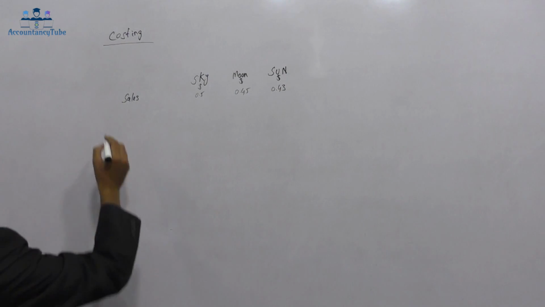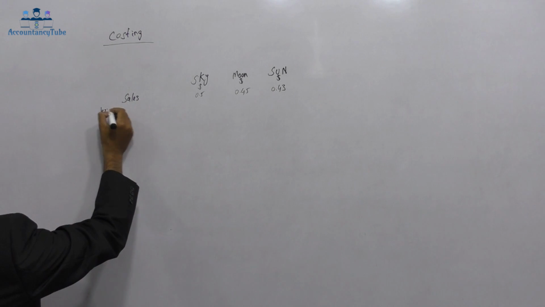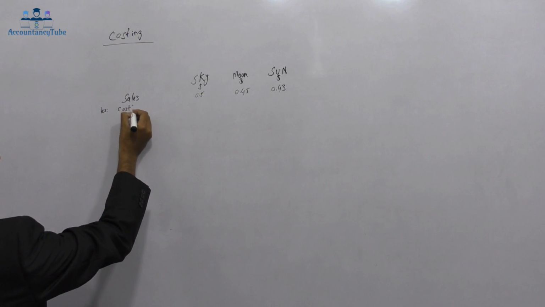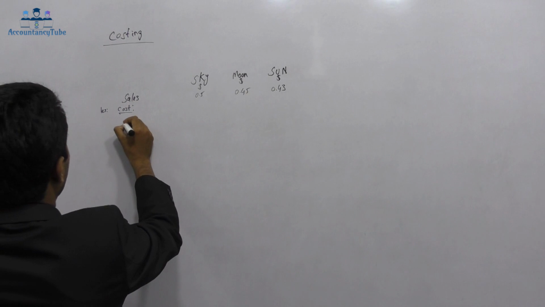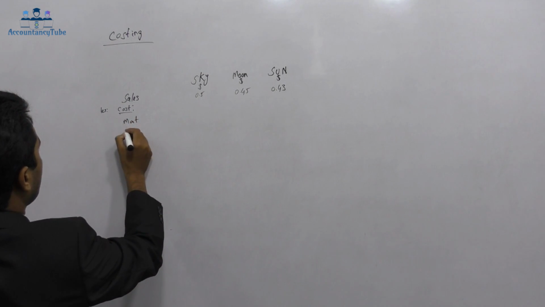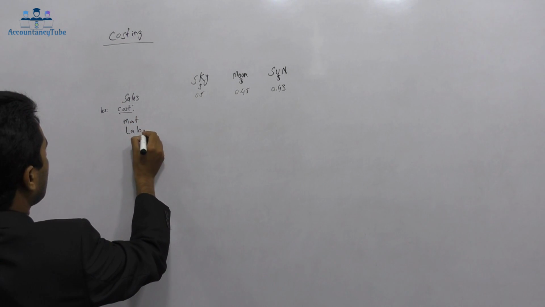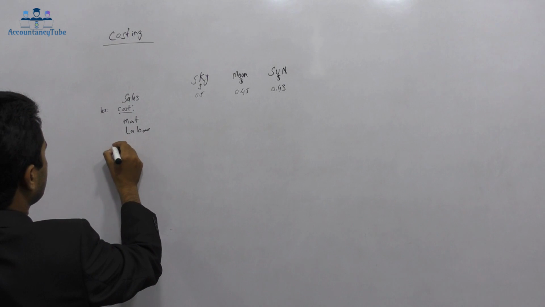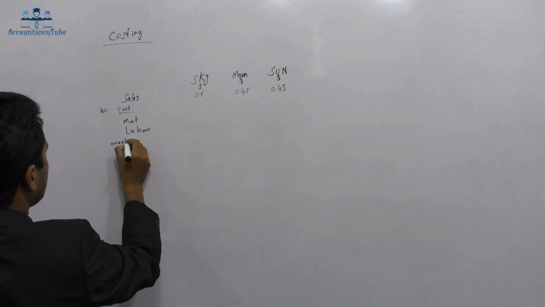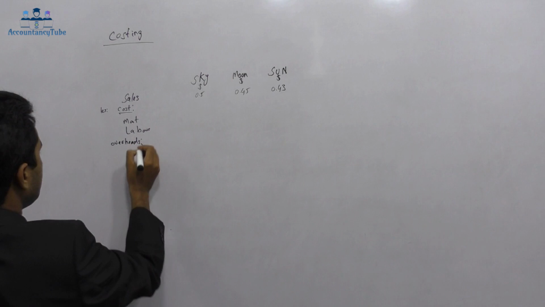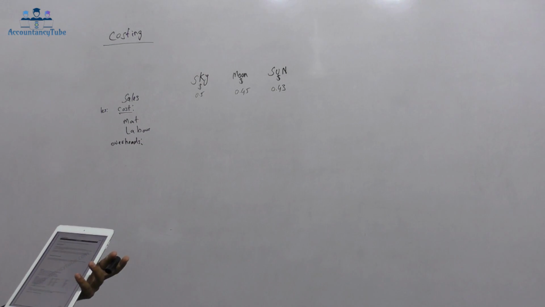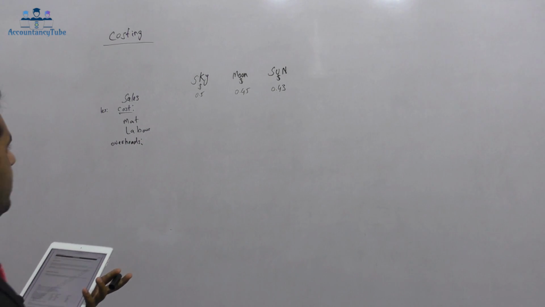That's the sales. Now we need to deduct the cost out of it. So in the cost I've got materials, then labor, and some overheads as well. Now material is given to us. Material cost per unit is $0.17.